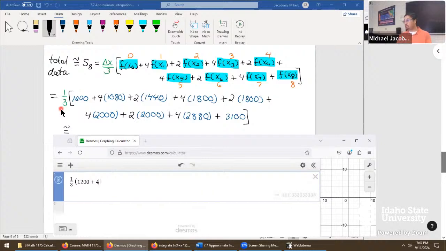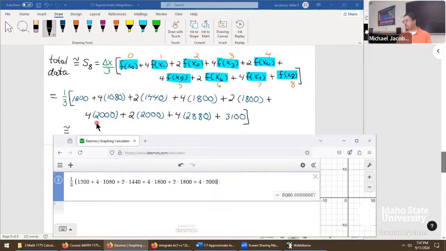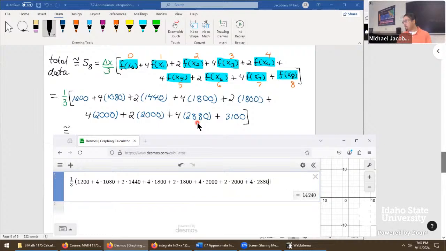1/3, 1,200 plus 4 times 1080 plus 2 times 1,440 plus 4 times 1,800 plus 2 times 1,800 plus, now we're down here, 4 times 2,000. There's like terms. You could have just said 6 times 2,000. And then finally, 4 times 2,880 plus 3,100.